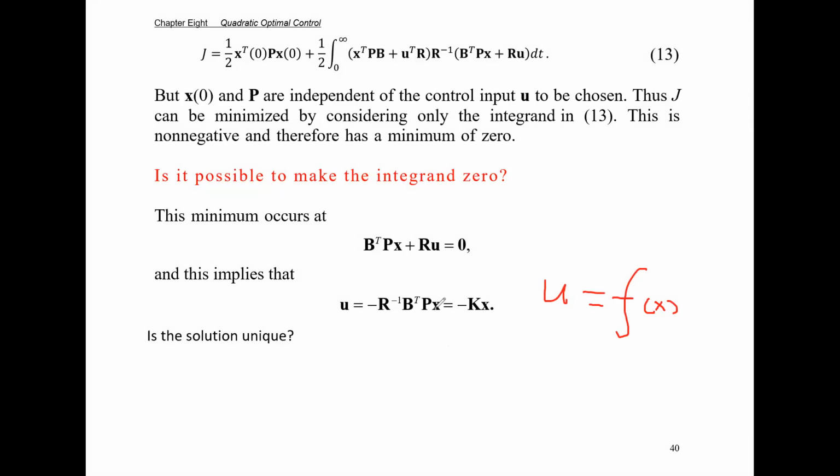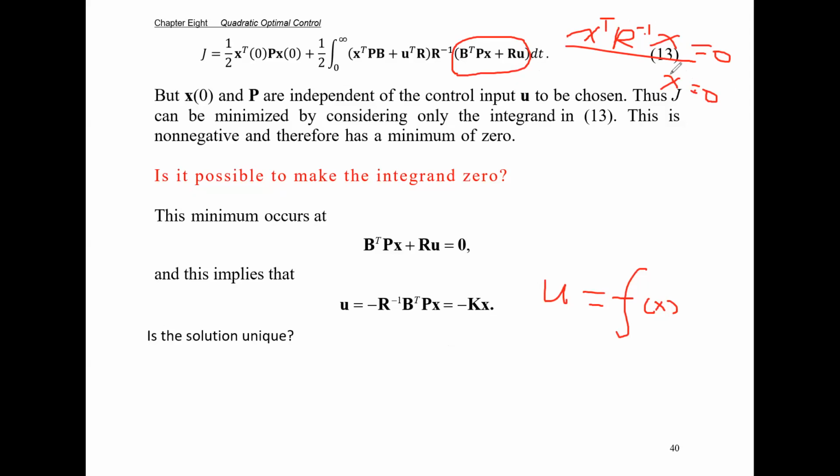This is a quadratic form. Let's say I want to make this one to be 0, because this one is positive definite, the only possibility is to make x equal 0.